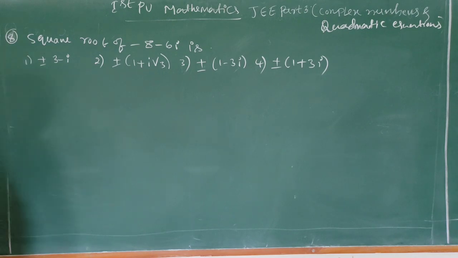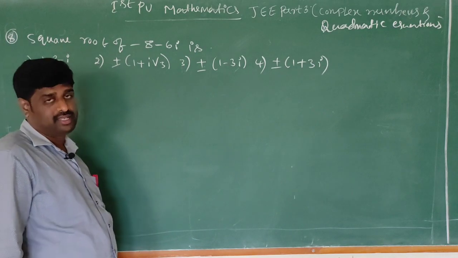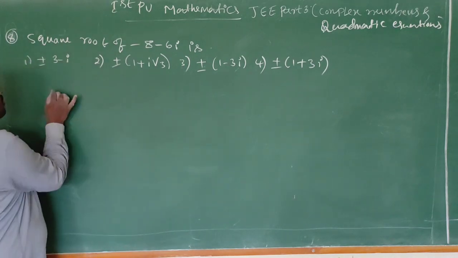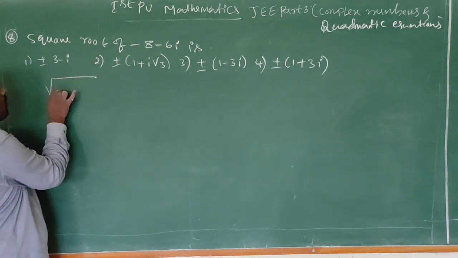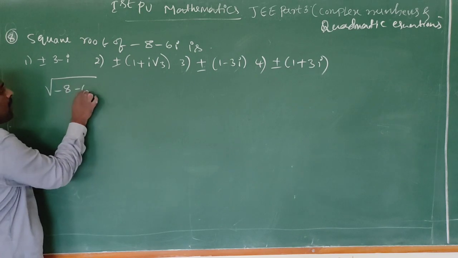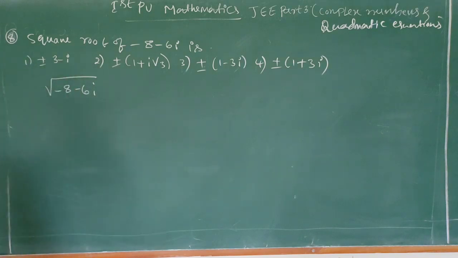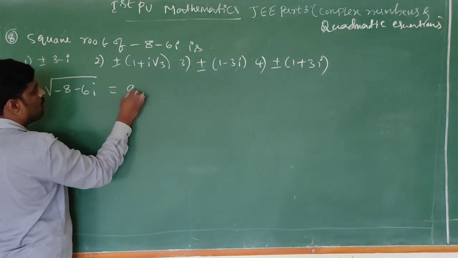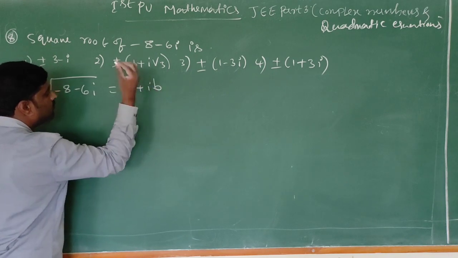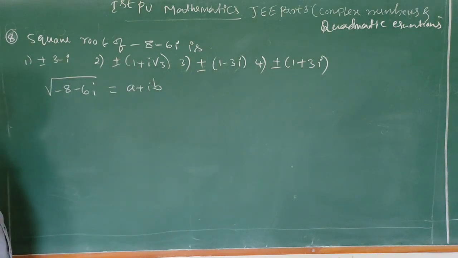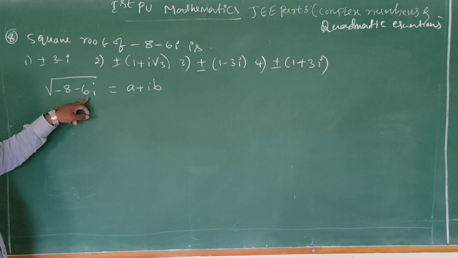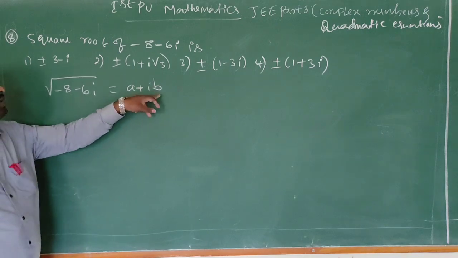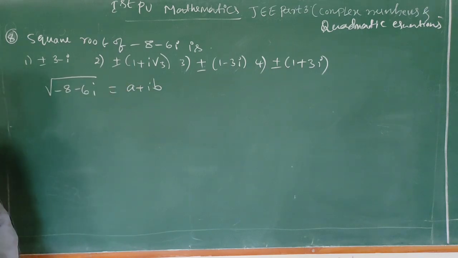Square root of minus 8 minus 6i is equal to a plus ib.